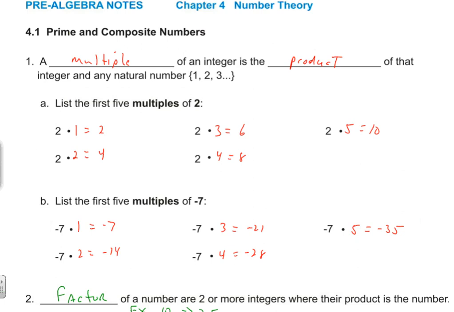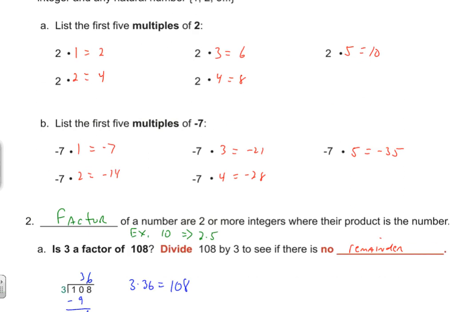Let me do a quick recap here. What is a multiple of an integer? It's the product of that integer and any natural number. So when they ask you for the multiples, you're going to multiply. The first multiple is multiplied by 1, second by 2, third by 3, etc. I showed you the first 5 multiples of the number 2, and the first 5 multiples of the number 7. What about factors?